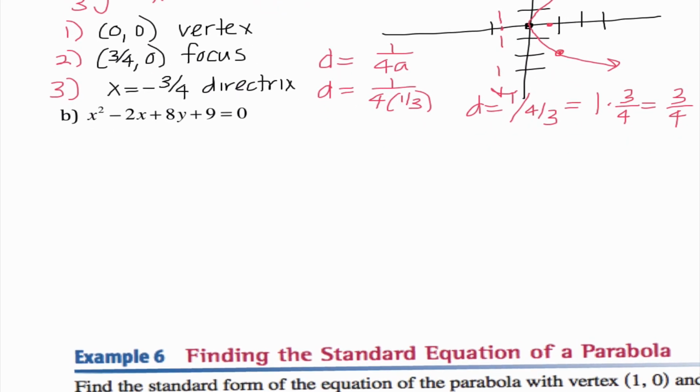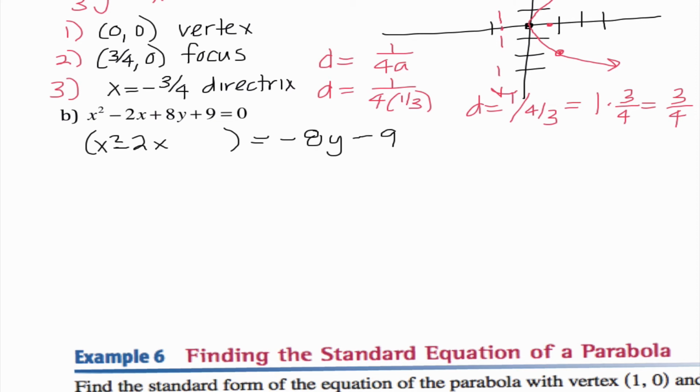So let's do another one for B. B looks a little bit confusing because I notice that I have an extra x in here. We talked about this with circles. That means I am going to need to complete the square. So I'm going to group my x's together, and I'm going to move my other stuff over to the other side for the moment.